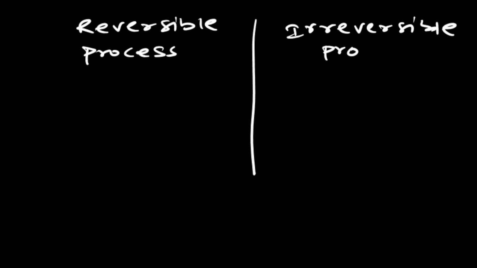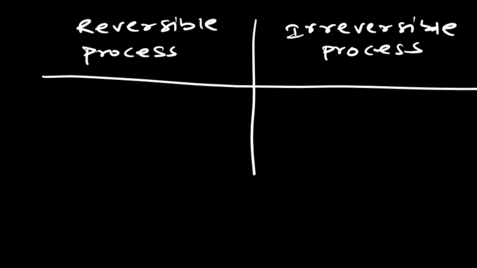What is the meaning of the reversible process and the irreversible process? Very quickly and clearly I will explain. Now listen. A reversible process means it is a slow process.